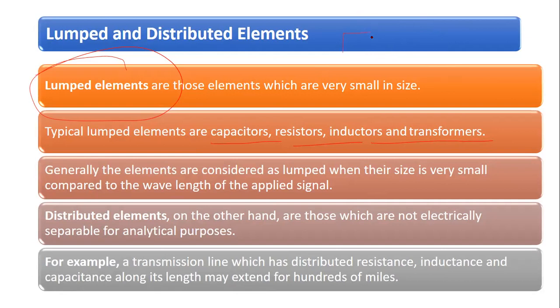We have a powerhouse, let us say a thermal power plant, and from here you generate electricity. You step up this electricity by using a transformer. Then you transmit this electricity over a distance.